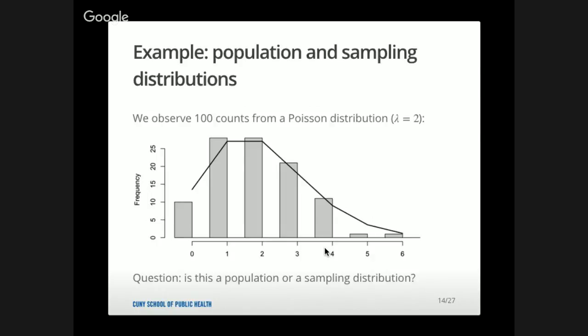So this is a population distribution. In general, these exotic distributions, Poisson, negative binomial, these are population distributions. When it comes to sampling distributions, there are a much smaller number of them that we actually use.